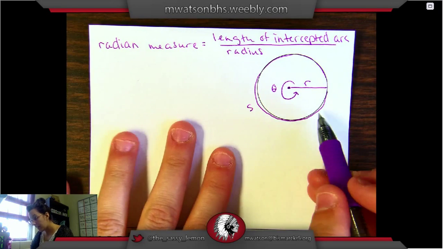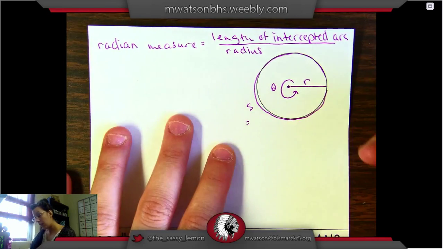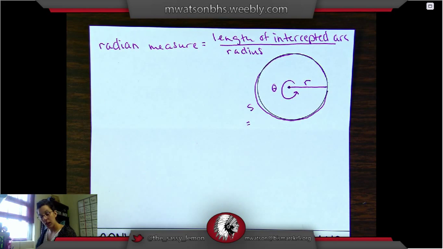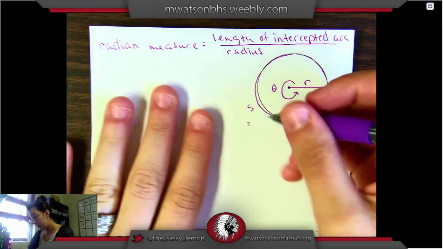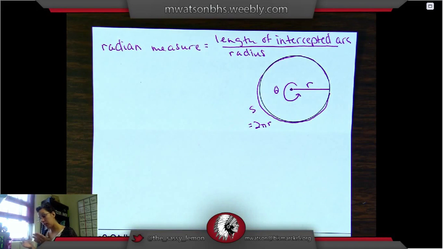So in this example, the arc length is actually equal to the circumference of the circle. So you have to trudge back your memories of geometry. The equation for circumference of a circle is 2 pi r. And we don't actually know r, so we're going to say circumference or arc length is equal to 2 pi r. So now we've got all of our pieces set up.